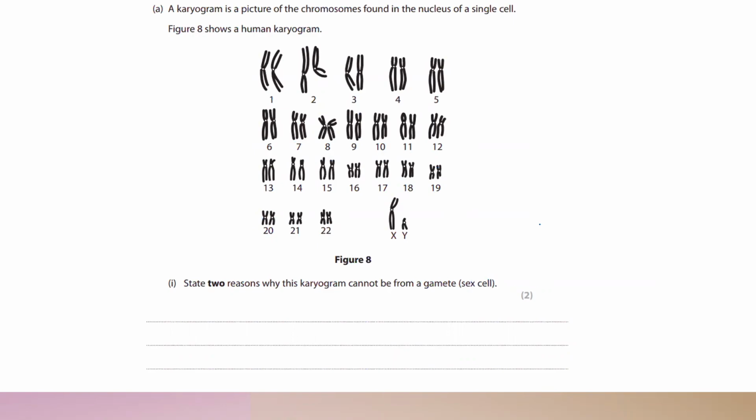All right, so we know that because that's the full amount, isn't it? 23 pairs, so it is diploid. Okay, so this cell is diploid. So it has a full amount of chromosomes.